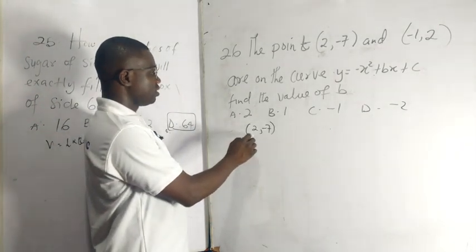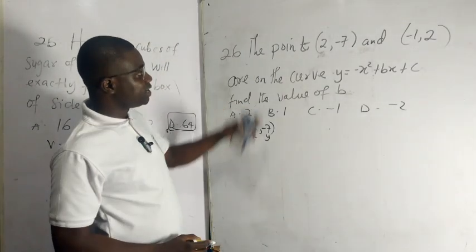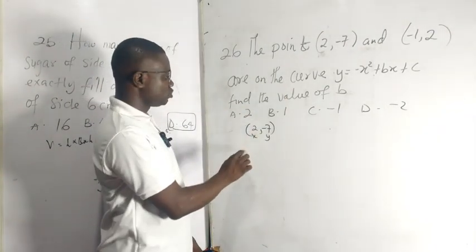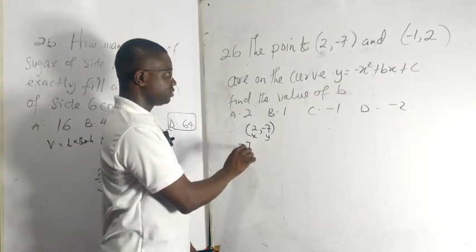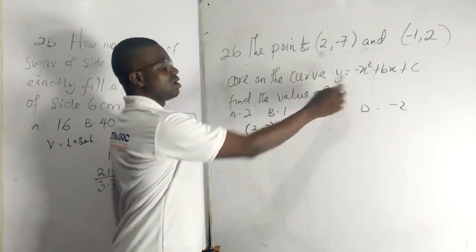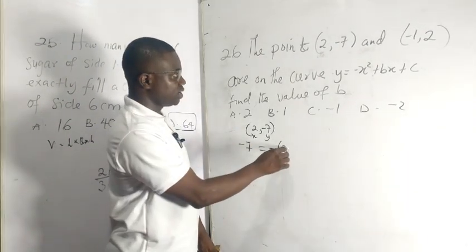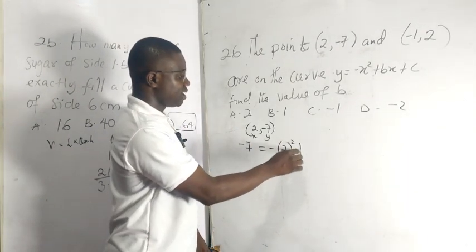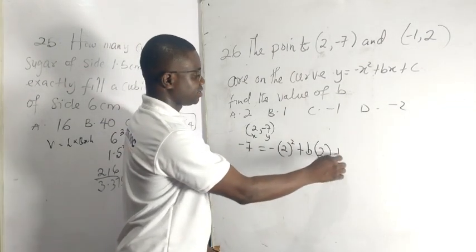So this is our x, this is our y, right? We need to substitute that into the expression. So y, which is minus 7, is equal to negative, our x is 2, so 2 squared, plus b times 2, plus c.